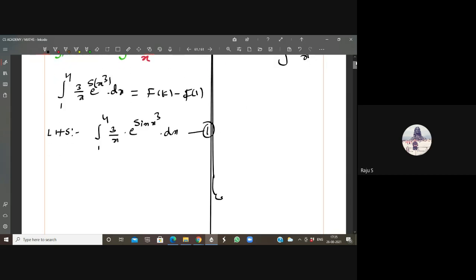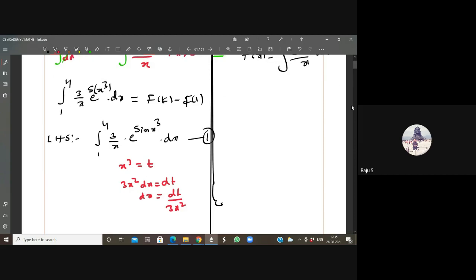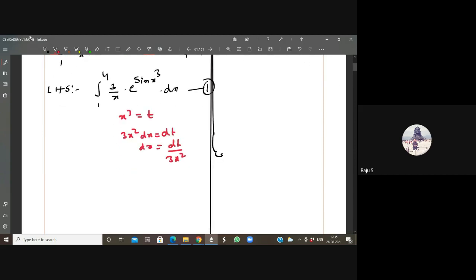In 1, I want to take x cube is equal to t. When I take x cube is equal to t, 3x square dx is equal to dt. dx is equal to dt by 3x square. Fine. Now I am going to substitute all these values in the LHS of 1. The LHS becomes I is equal to, what are the limits?